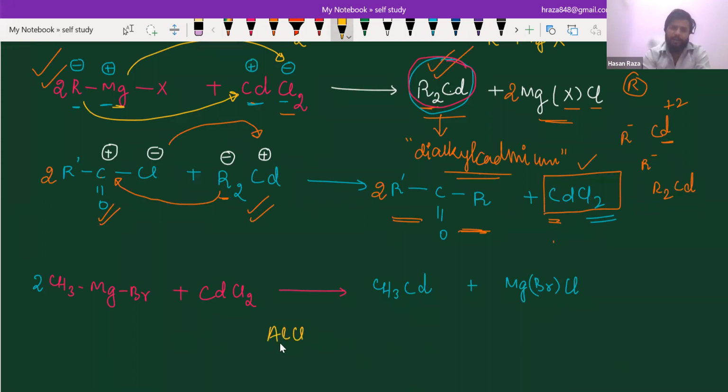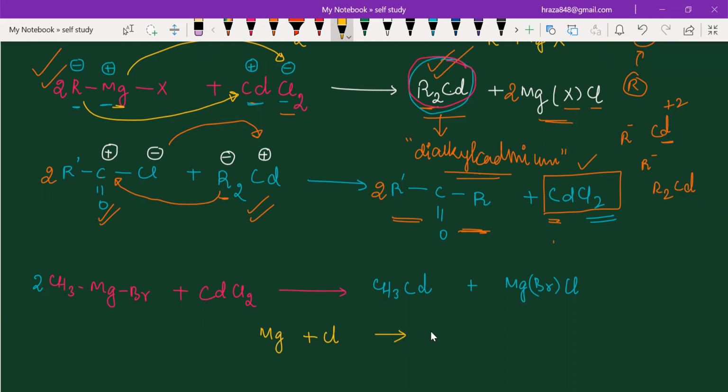Okay, if I write AlCl, is there any compound that exists as AlCl? We write AlCl3, right? Or just take another example which is easier. Can you tell me the compound formed by the combination of Mg plus Cl? What will be the formula? MgCl2. Why is it so?